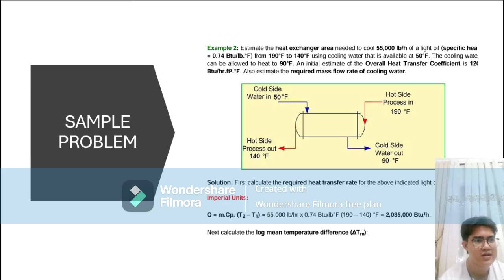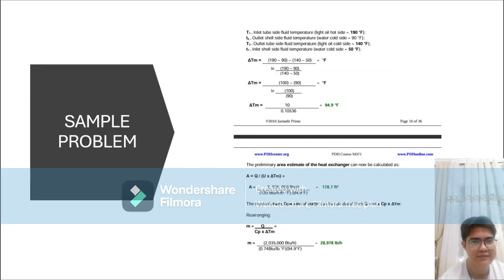Once we have those, we can now get the preliminary area estimate of the heat exchanger using the same manipulated formula as previously. Area is equal to Q over U times LMTD, but their notation for LMTD here is T subscript M, and from here we get 178.7 square feet.